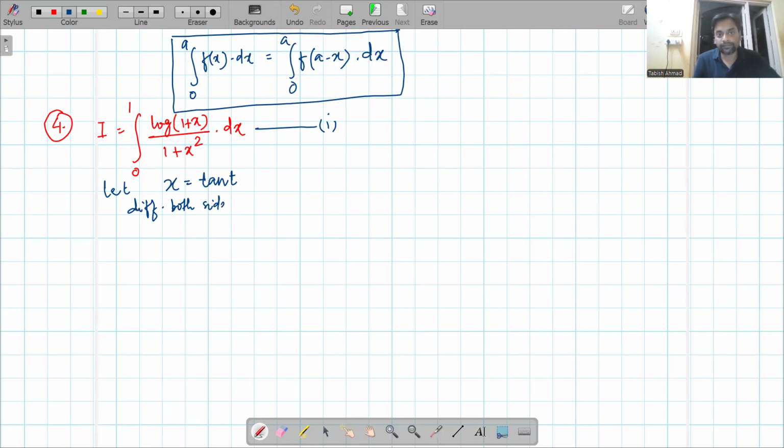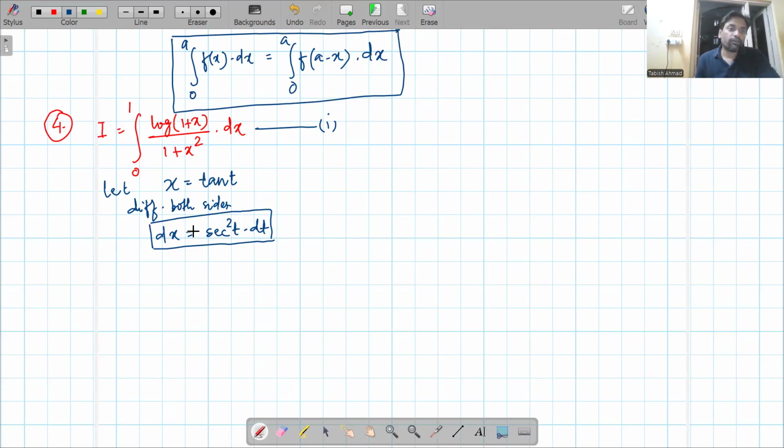What I get is dx is equal to, the derivative of tan is sec square, so this is sec square t dt. From here you got the value of dx. So keep this aside. We will put it back into the equation.